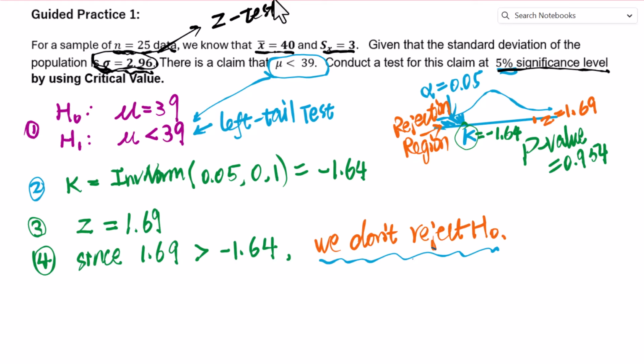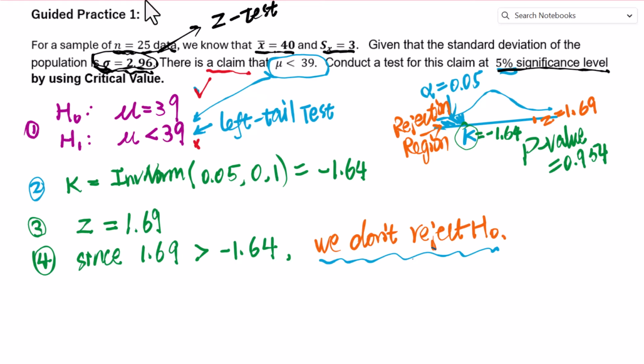We do not reject H0, which means H0 is true. H1 is not true. In other words, the claim is not true.